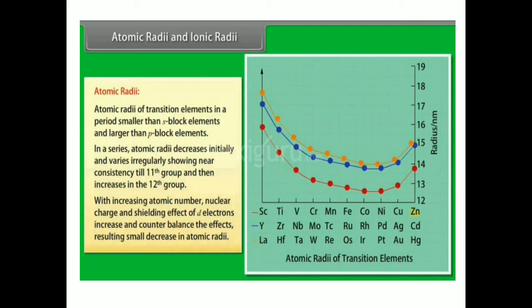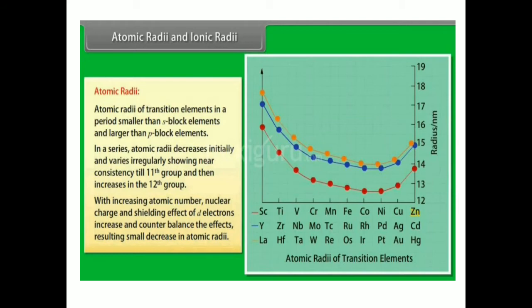Generally, atomic radii of d block elements or transition elements is smaller than s block elements and larger than p block elements, because d block elements are present in between the s and p block elements of the periodic table.